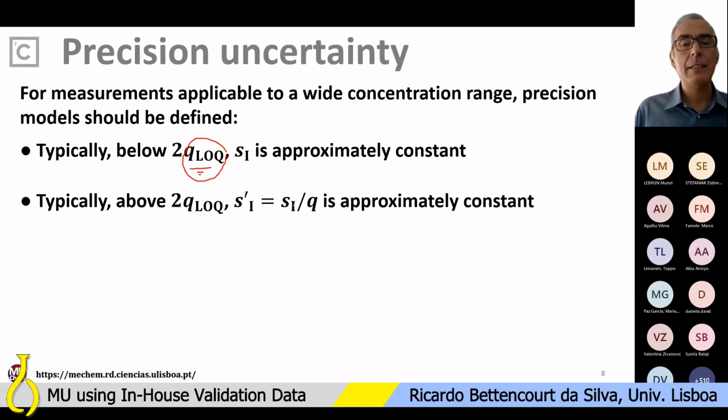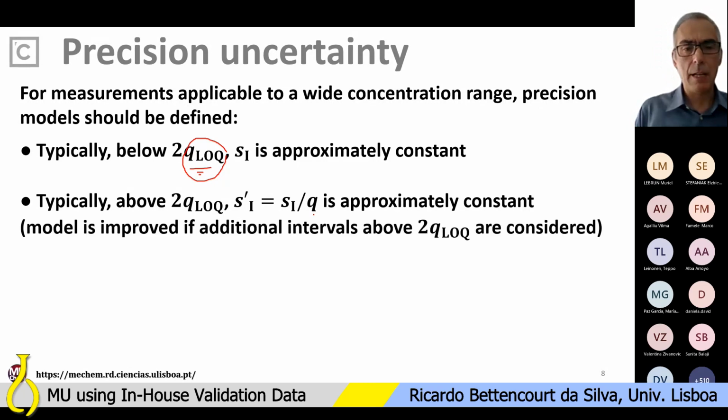That is, in fact, the precision standard deviation divided by the concentration itself. So after this 2 times limit of quantification, the precision gets constant in a relative way. Some people prefer to use 5 instead of 2, but this is not really a big issue. The model of precision variation with concentration can be further improved if you add additional intervals, or if you divide your analytical interval in more intervals above 2 times the limit of quantification.